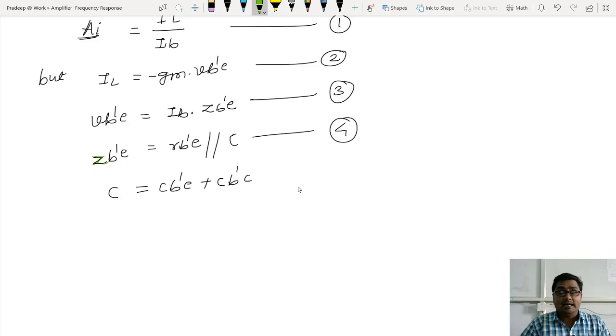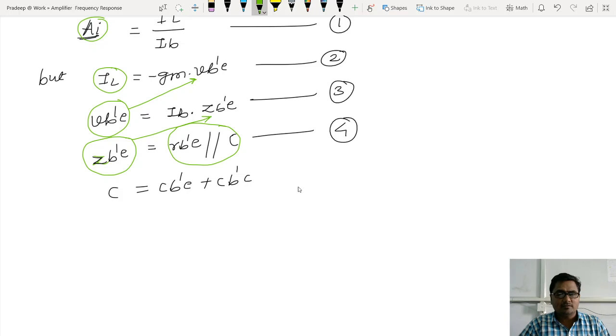Now what will be the hierarchy? I want to get this AI. To get this AI, first I have to calculate ZB'E. When you calculate ZB'E, put the value of ZB'E here and then calculate VB'E. When you calculate VB'E, put the value of VB'E here and calculate the value of IL.